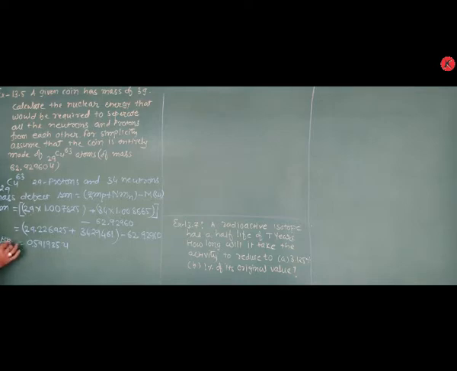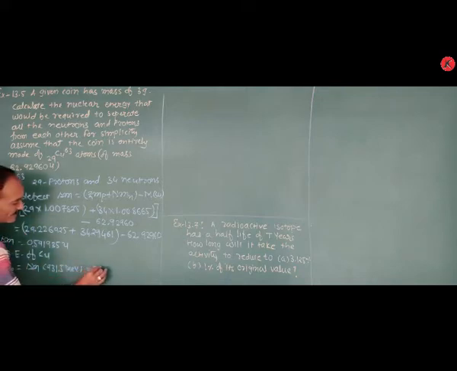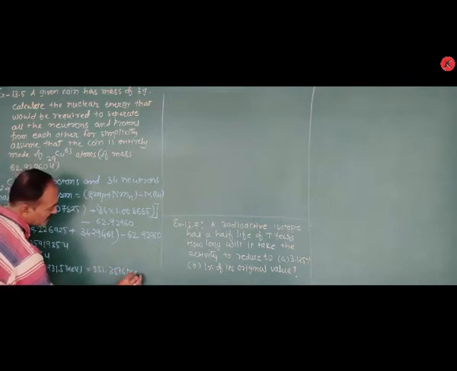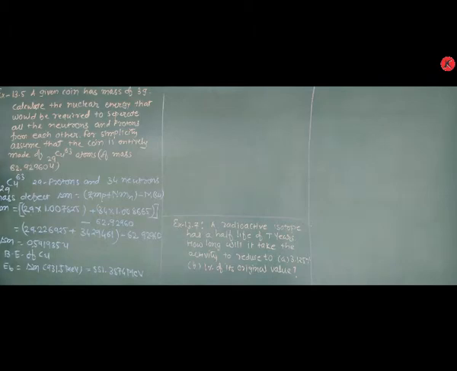Therefore, the binding energy of copper, that is E_B, is equal to mass defect into 931.5 MeV. Therefore, 551.3874 MeV is the binding energy of the copper nucleus. Right? Okay.